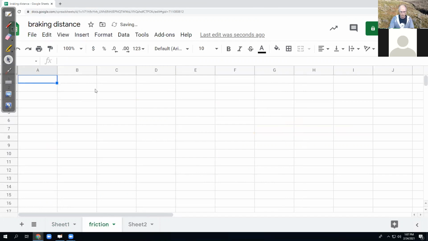And then I need to keep track of what is F and what is D. And I'm not going to do any extra cells here. I'm just going to keep this real simple. I want to look at F at 0.3, 0.5, 0.7, and 0.9.